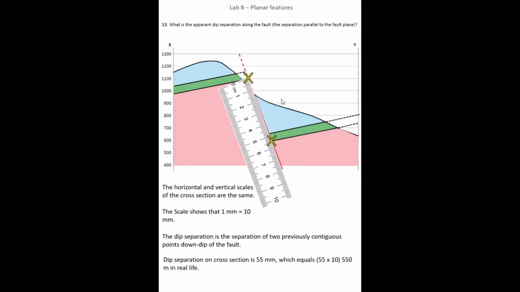So these 2 points, for example, are 55 millimeters apart on our cross-section. So we take that 55 millimeters, multiply it by 10, and it shows us that the dip separation, the separation between 2 points along the dip of the fault plane, is 550 meters.